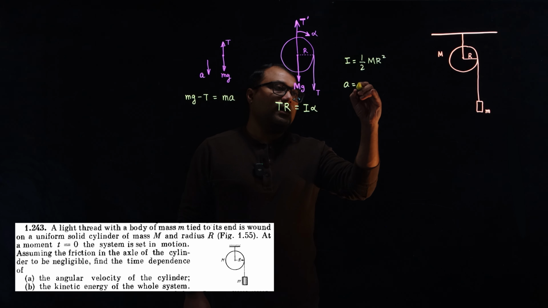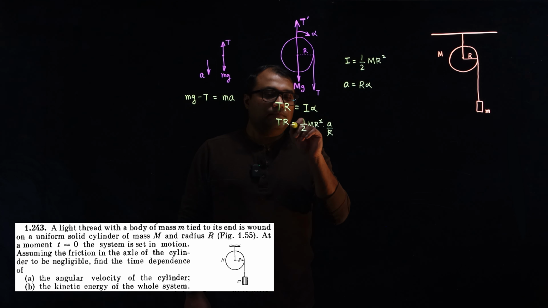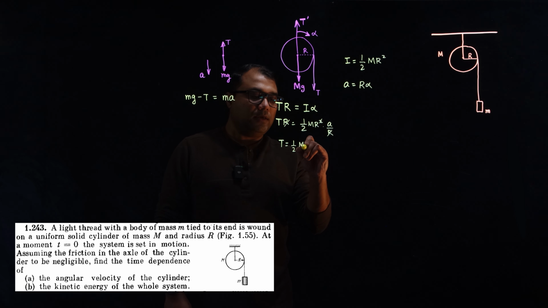Okay. So with that, let's substitute those values. So Tr is equal to half M r square times alpha, which is a by r. So all the r's get cancelled out. So tension is equal to 1 by 2 Ma.